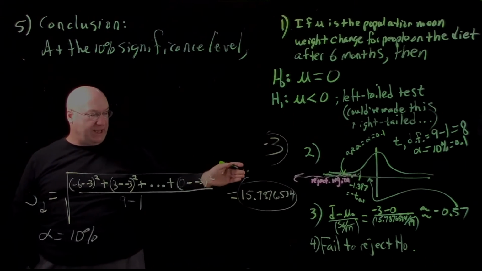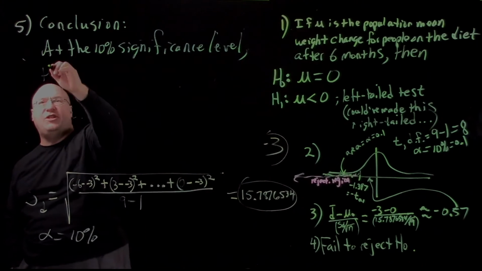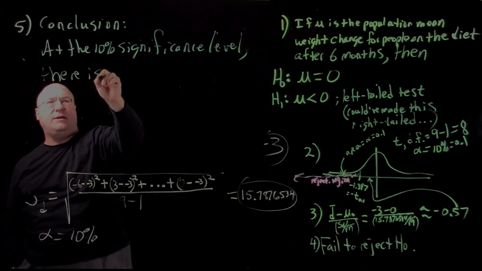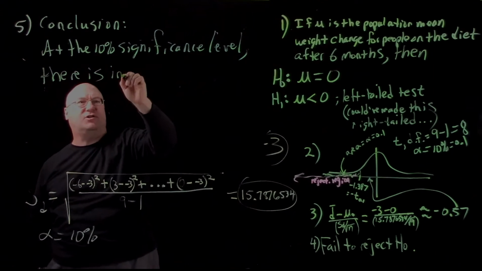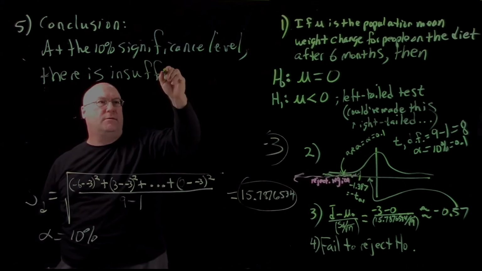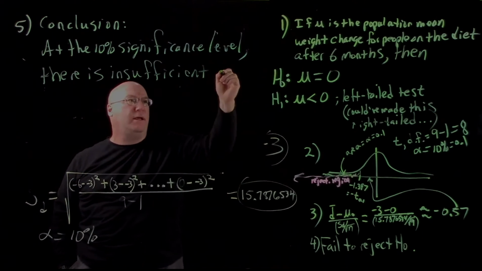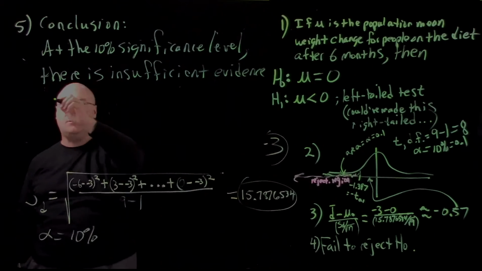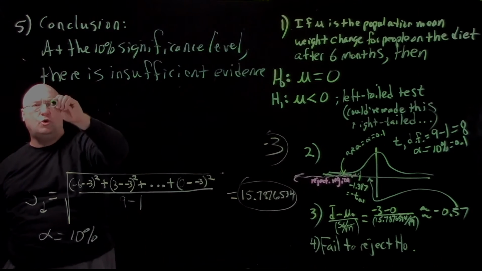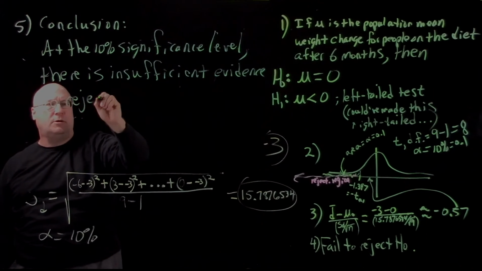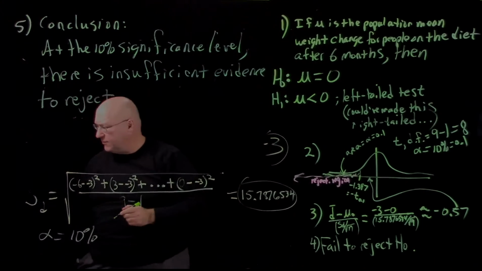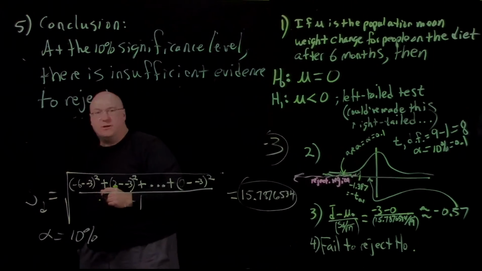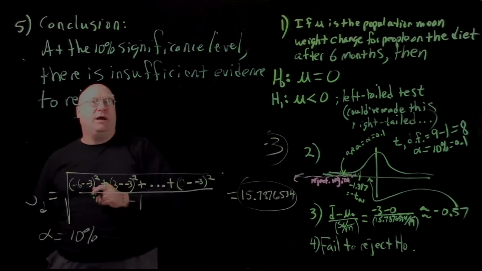we're failing to reject. So there is insufficient evidence to reject, and I'm sorry for the squeaks, to reject, and yeah, you can read that, I think. Yeah, it looks pretty good.